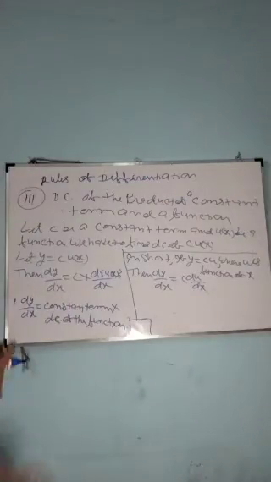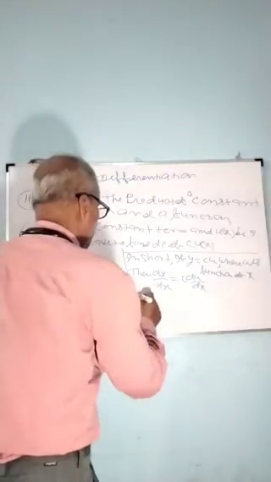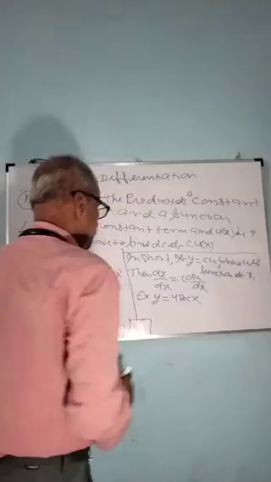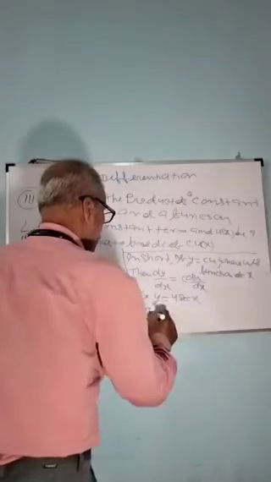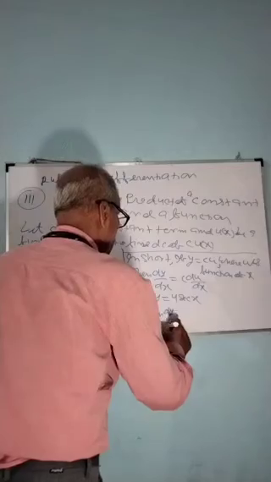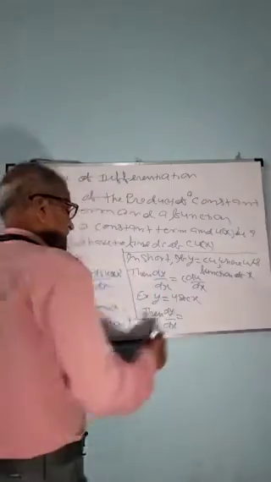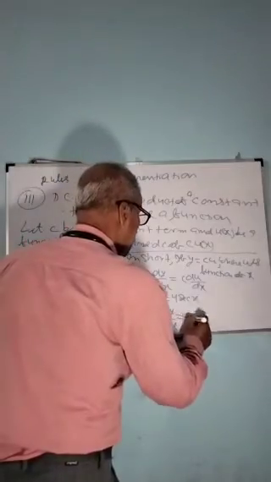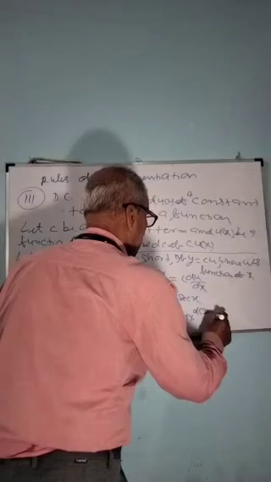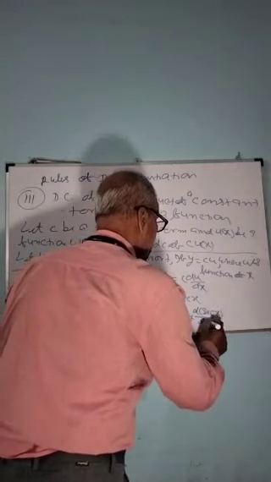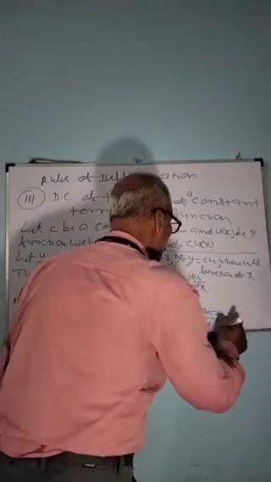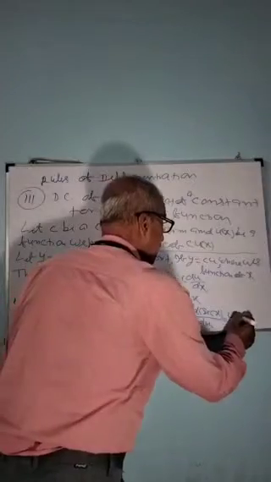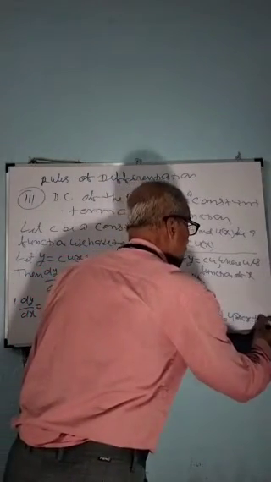I give an example also. Example, y is equal to 4 sec x. Then dy by dx equal to 4 into d sec x by dx is equal to 4 sec x into tan x.